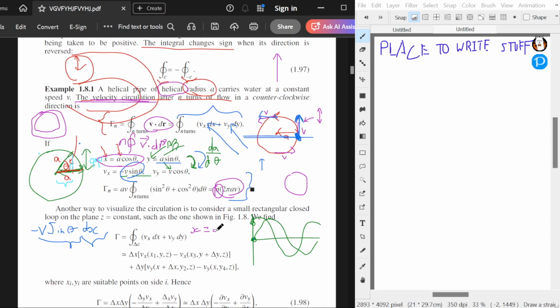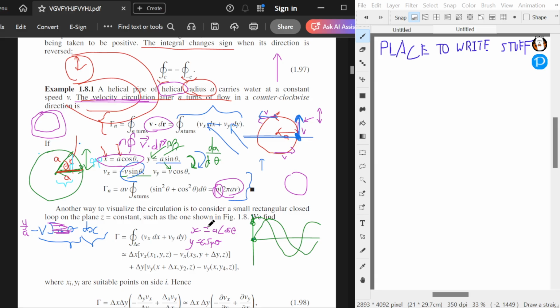X equals a cos theta. Y equals a sine theta, which means sine theta equals y on a. So we could just replace this with y on a. This is still not an x.